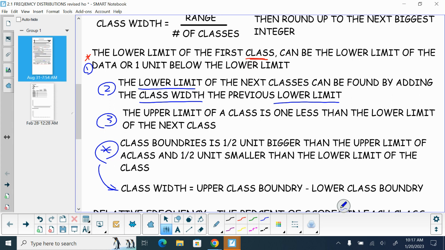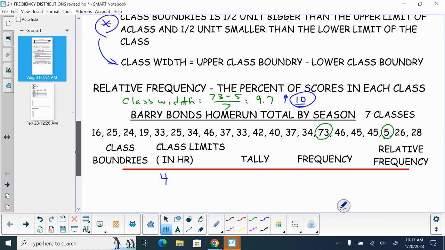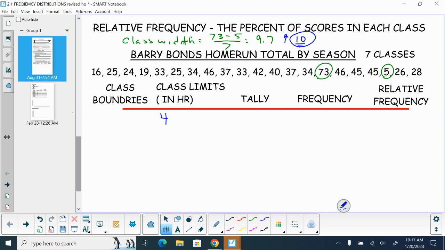Okay, the second step, the lower limit of the next class can be found by adding the class width to the previous lower limit. So here is my lower limit of the first class, my lower limit of my next class. I add my class width to it, to give a value of 14.